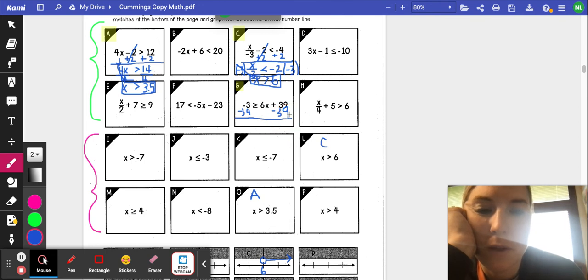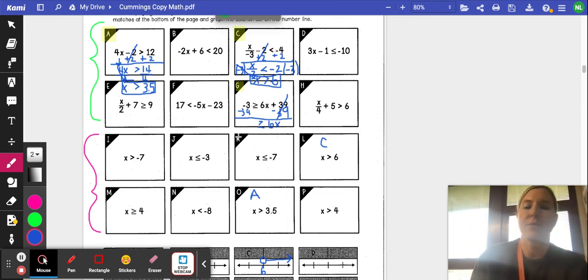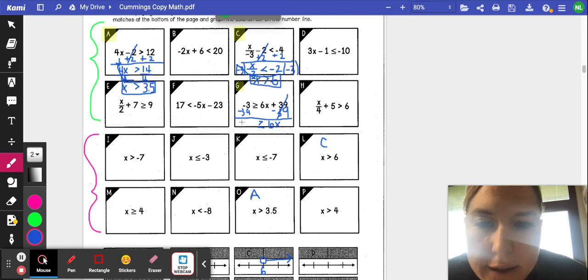So my 39s will cancel. I'll bring down my 6x. I'll bring down my inequality sign, which is greater than or equal to, and I'll do -3. Which is -42.